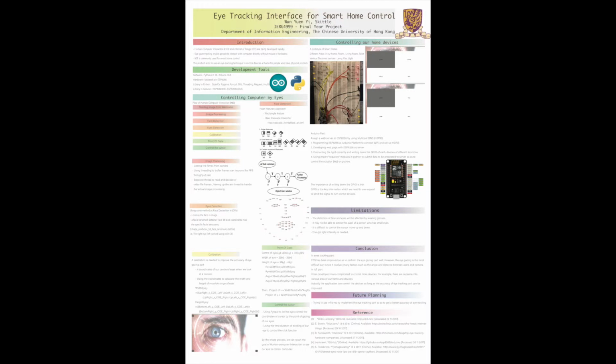For the Arduino part, we assign a web server to the ESP8266 by using multicast DNS. We program the ESP8266 on the Arduino platform to connect to Wi-Fi, set up DNS, and develop a web page with the ESP8266 as server.